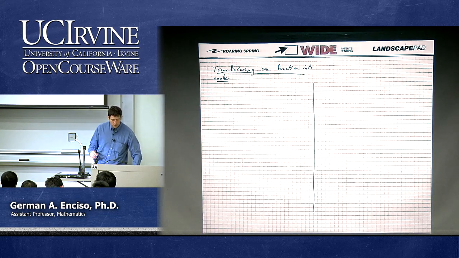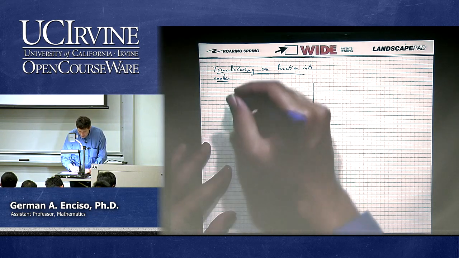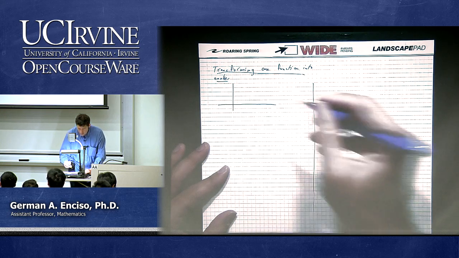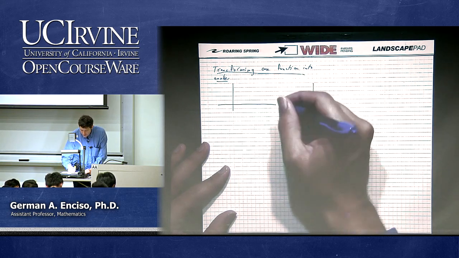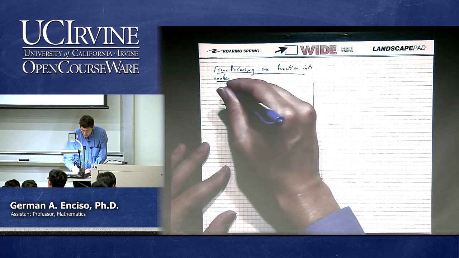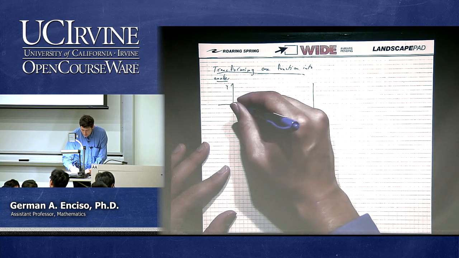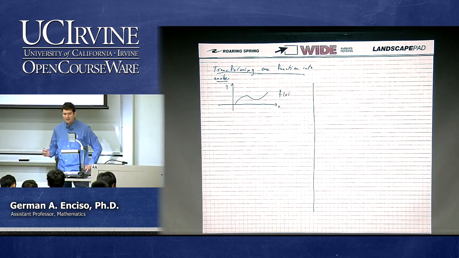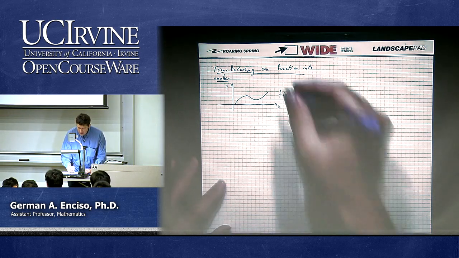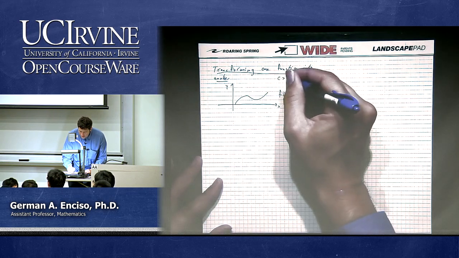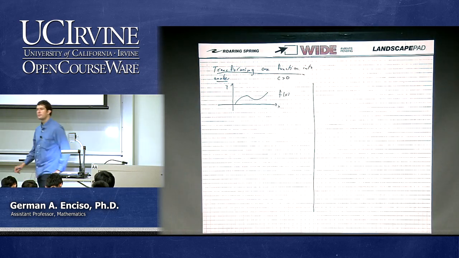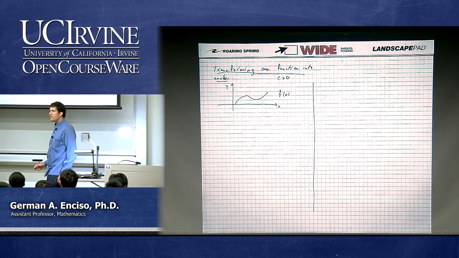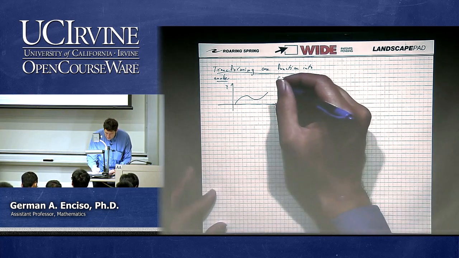The easiest way to transform a function into another is by adding a constant. So for example, suppose that you have a function f of x. I'm going to consider it as a graph. And suppose that you have a number, let's call this number c, which is bigger than 0. So what happens when I look at the function f of x plus c?